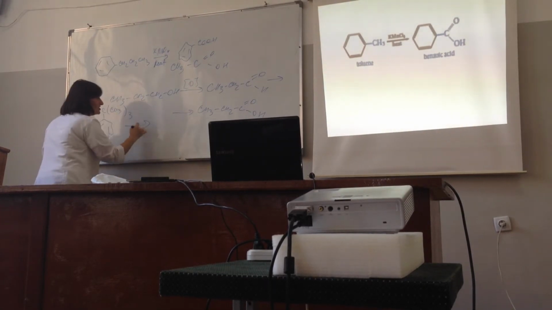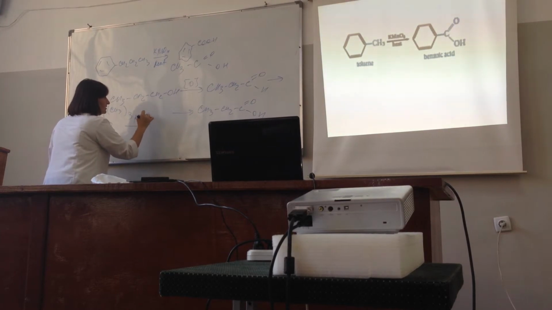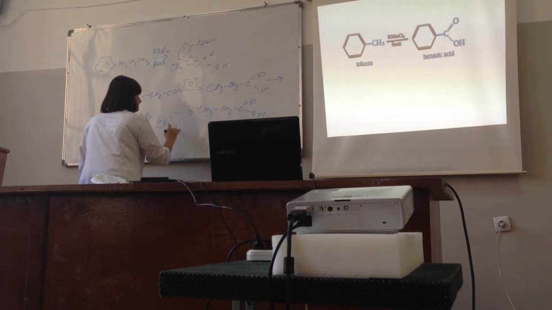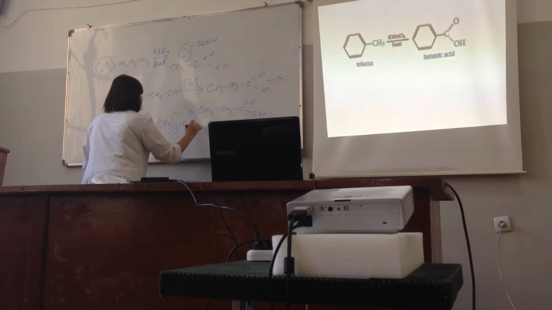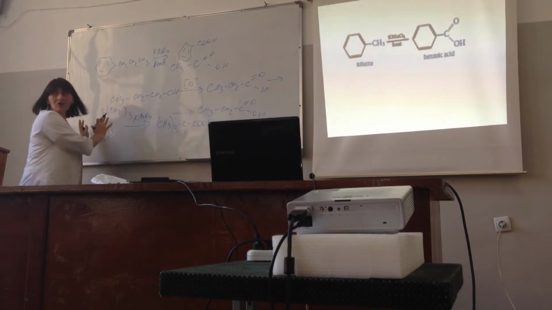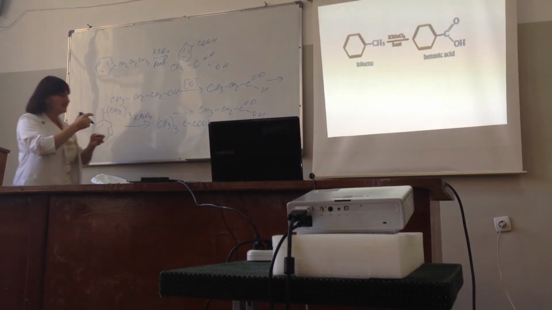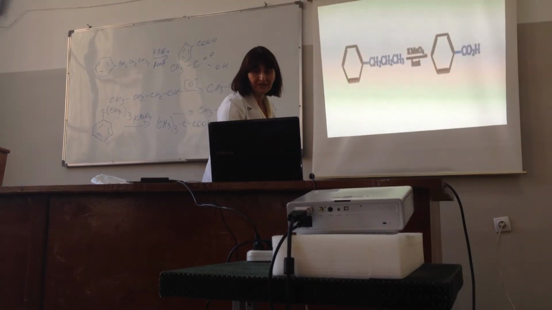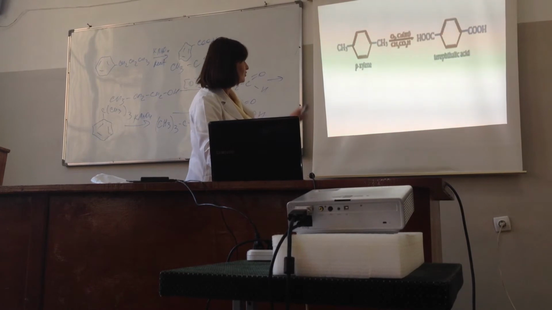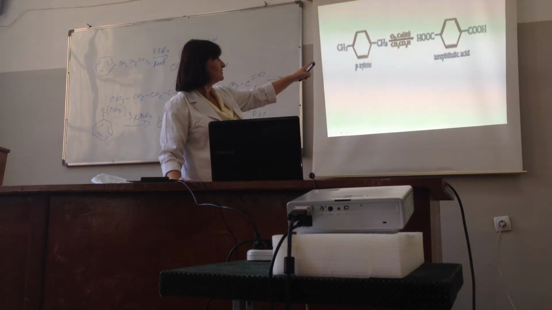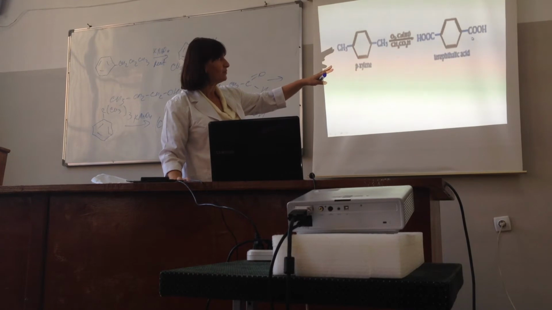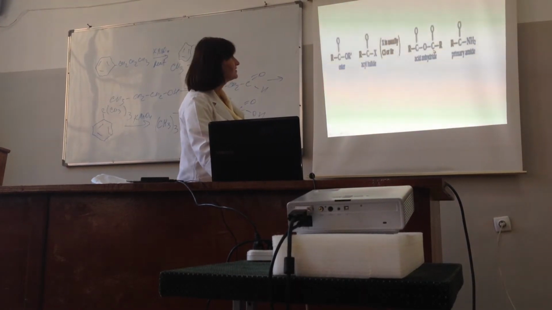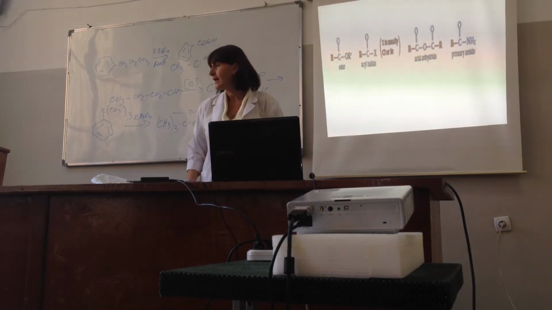So in this case, after oxidation, you get this carboxylic acid. If in the benzene ring you have two methyl groups, after oxidation you can get a dicarboxylic acid. Like this, two methyl groups, and after oxidation you get a dicarboxylic acid, so two COOH groups. So all these are methods for preparation of your carboxylic acids.